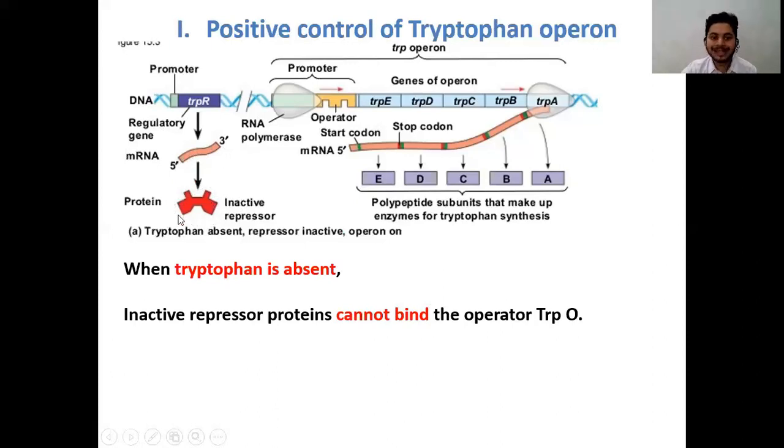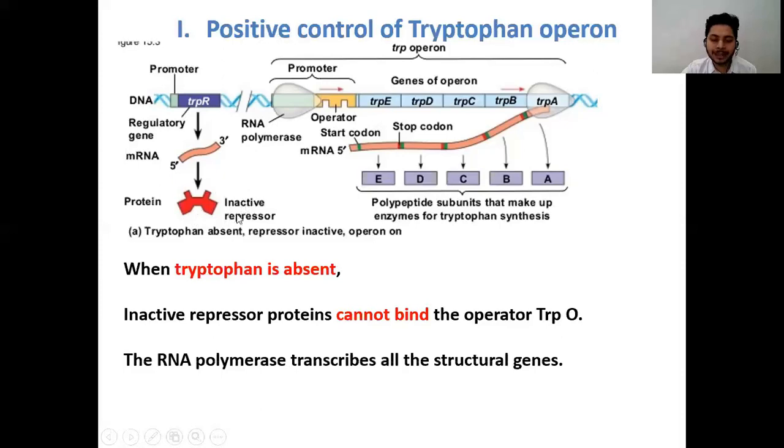Mind you, these repressor proteins are always by default in their inactive state. Such repressor proteins therefore cannot bind to the operator region. The operator site remains empty. Inactive repressors cannot bind to the tryptophan operator region, TRPO. So this site remains vacant.